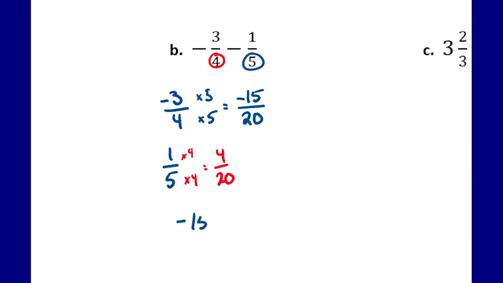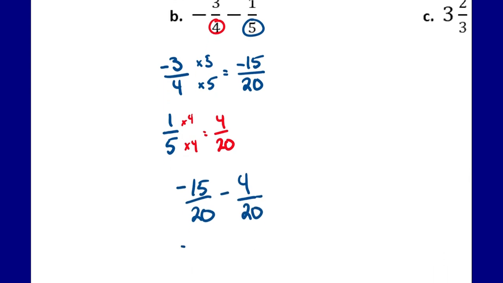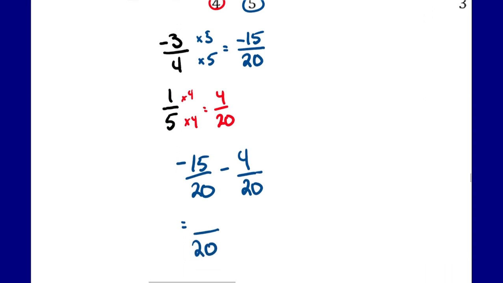So -15/20 minus 4/20. Actually, let me kind of color code this a bit more. So now the denominator is the same, so it's going to stay as 20. -15 minus 4 is -19.